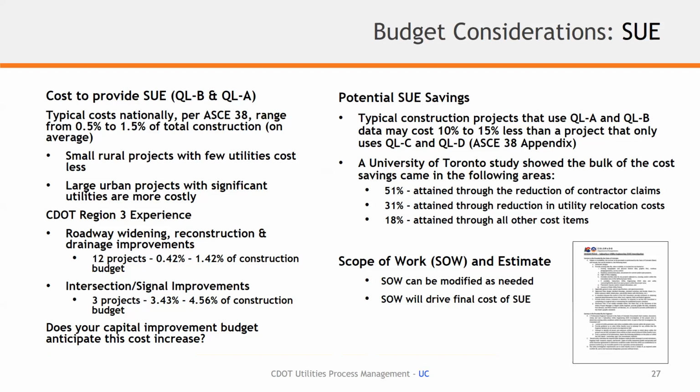For example, the 3 projects that we looked at or analyzed with intersection signal improvements, the cost was substantial when you considered it as a proportion of your construction budget. So, you know, we've got examples that you can use, and certainly regions can talk to other regions and see what their estimates are. But when you get to smaller projects, these estimates are not as accurate as we'd like them to be, and we've got historic data to provide there.